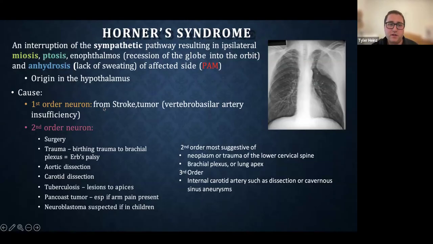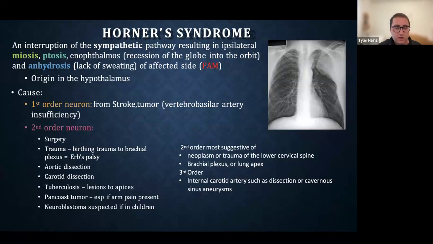So first order neuron, like I said, could be stroke, tumor, some type of break in that pathway. Second order could be surgery, trauma, aortic dissection, carotid dissection, tuberculosis. Again, that's your tumors, your mass effects. Pancoast tumor, especially if arm pain is present, maybe it's a neuroblastoma. Again, Horner's is not a disease itself.